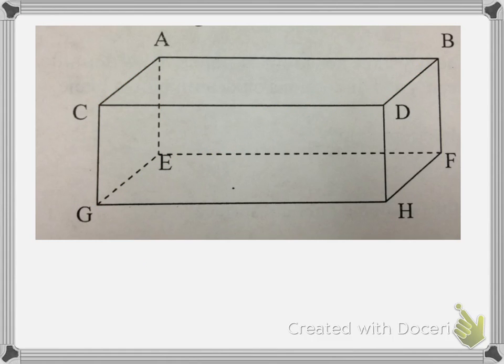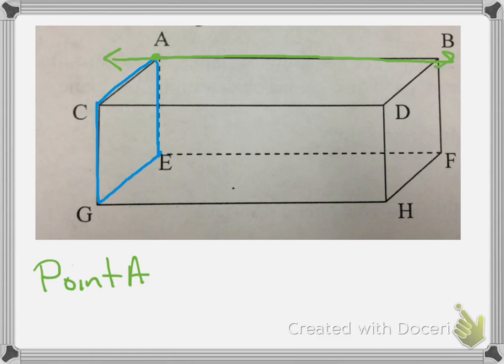All right, number 13 says find the intersection of plane ACG. So ACG is this plane. Okay, so plane ACG and line AB. So AB is right here. So when a line goes through a plane, it can intersect in two ways, but in this case, it's going through the plane, so it intersects at a point, and that intersection point is point A, because it's going straight through it.